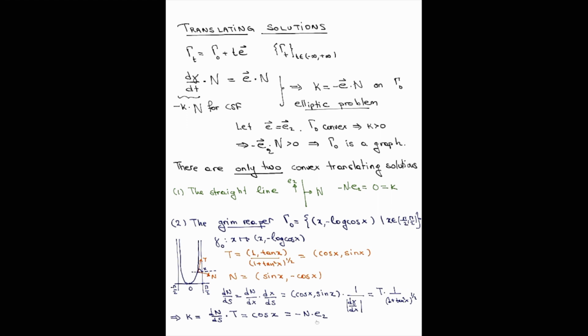So once you write down this graph, it's not difficult to show that this is indeed a solution to this equation, kappa equals minus e2 dot n. Therefore, the Grim Reaper is a solution to curve shortening flow that moves by translation. And this function, minus log cosine x, is defined only between minus pi over 2 and pi over 2. It looks like this, and it's asymptotic to 2 parallel lines of width pi.